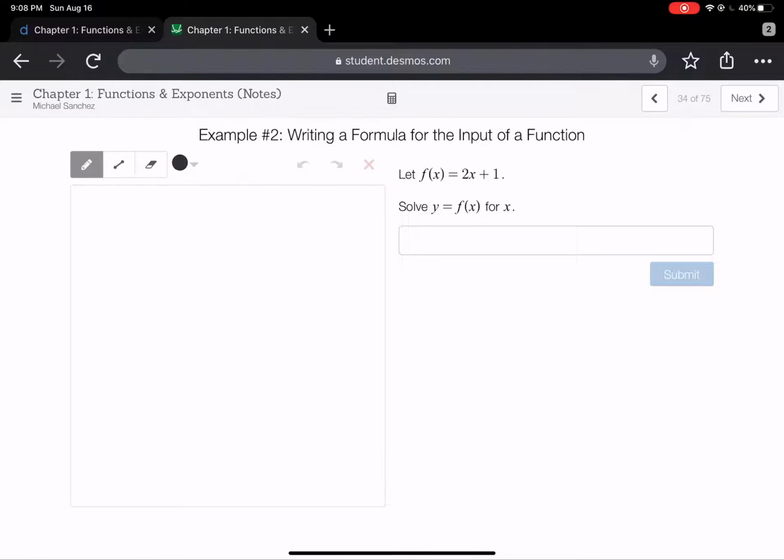I'm going to start with my original function, which is f(x) = 2x + 1. We can't solve for this unless it's a single variable, so I'm going to change this f(x) to a y. It's a simple switch: I'm just making that f(x) into a y.